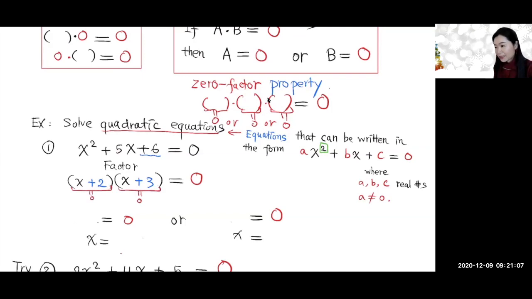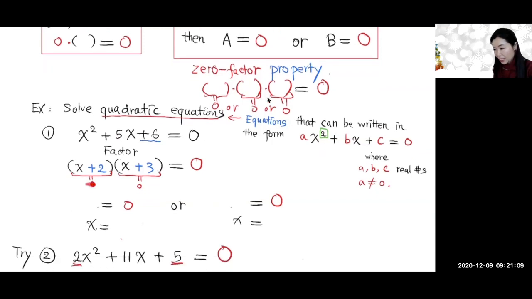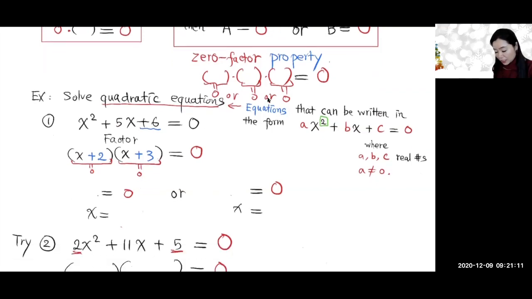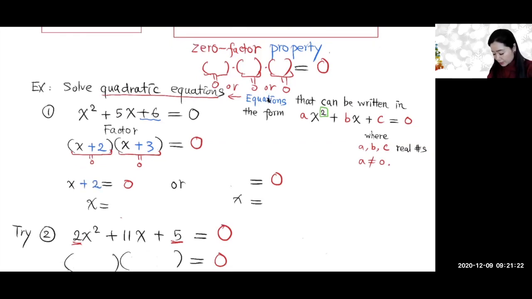So one of them did it, right? Either this guy did it or this guy did it. If this factor here did it, then we have x plus 2 equal to 0. If the other factor did it, then we have x plus 3 equal to 0.